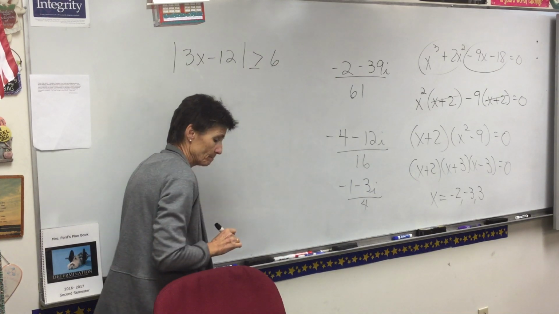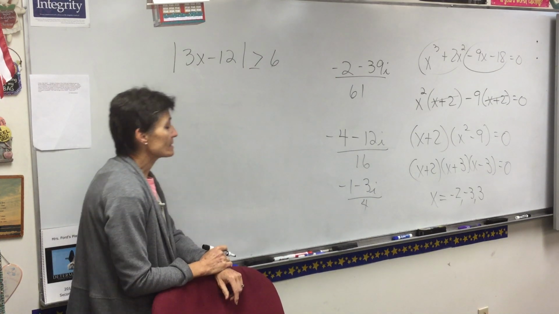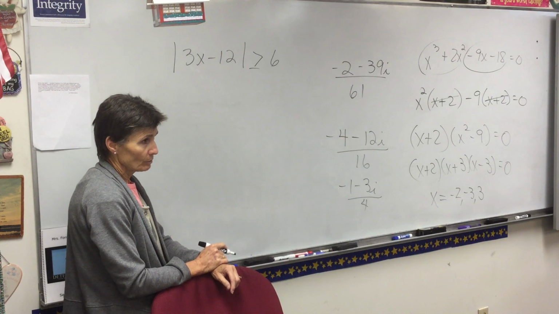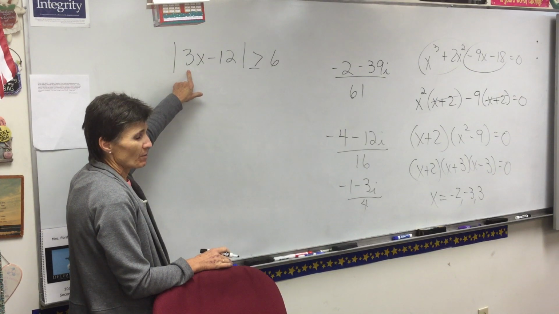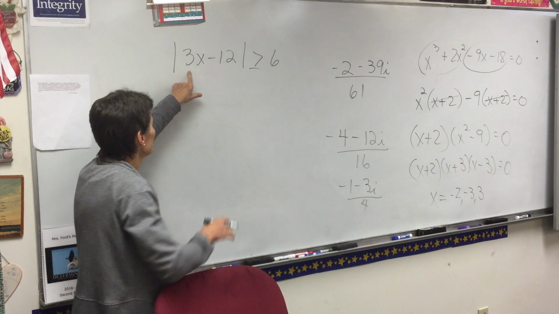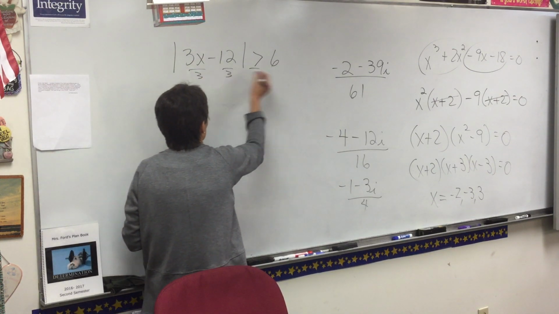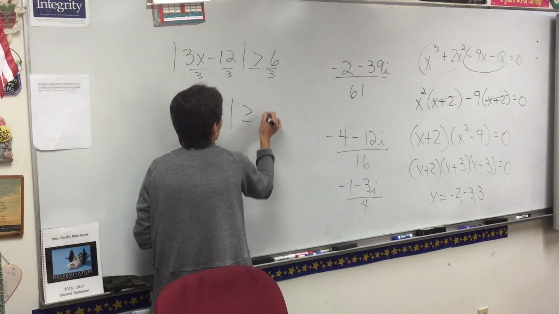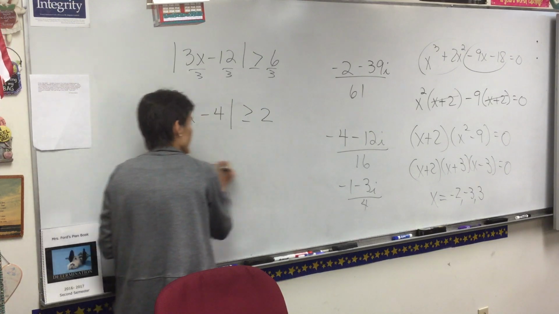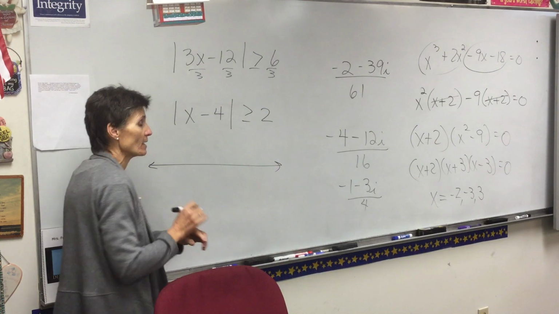So this is an absolute value, but it's got a 3 here that really shouldn't be there. So we'll divide everything by 3 to start with. Then we can go straight to the number line. There's nothing else to do.